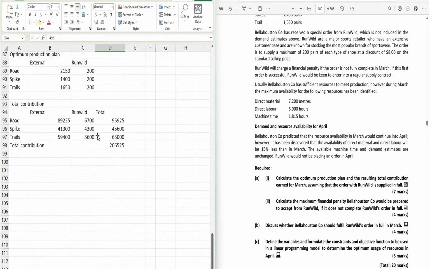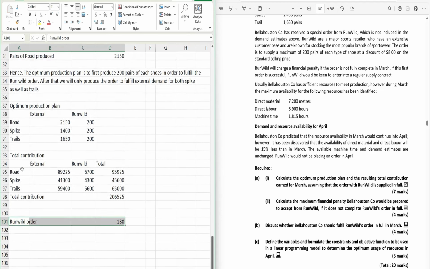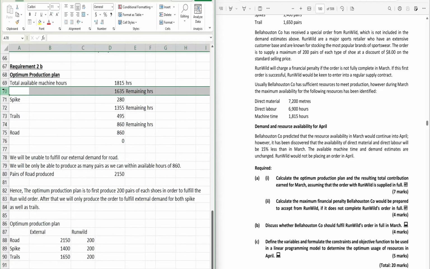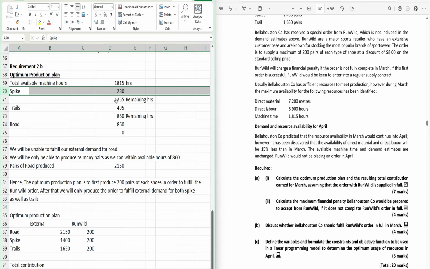So the Run Wild total demand required 180 hours. Let's forget that we need to fulfill this order. We will simply do our calculation like normal. What is the optimum production plan if we are not fulfilling the Run Wild order?